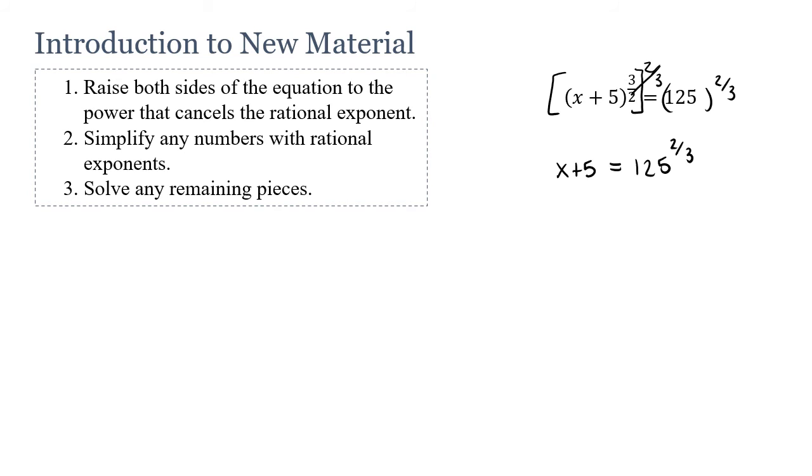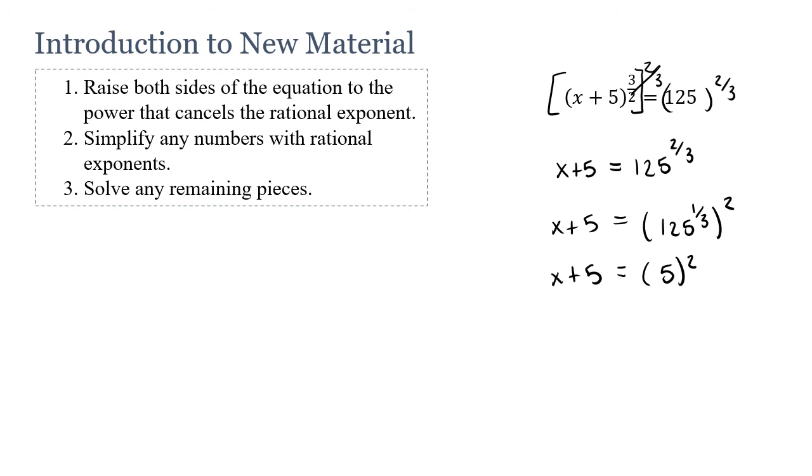So step 2, simplify any numbers with rational exponents. So let's simplify this right-hand side. I'm going to rewrite that as 125 to the 1/3 squared. Remember, this left-hand side is just going to come down. Now 125 to the 1/3 is the cube root of 125. That's going to be 5.